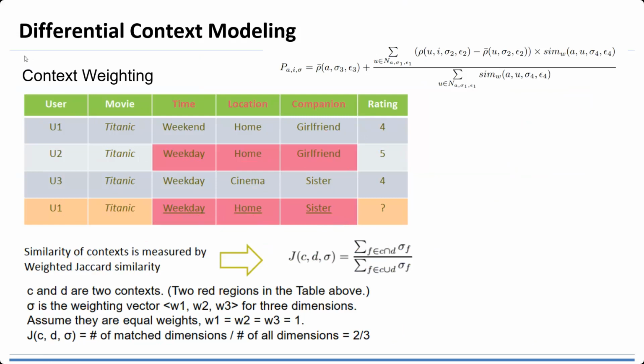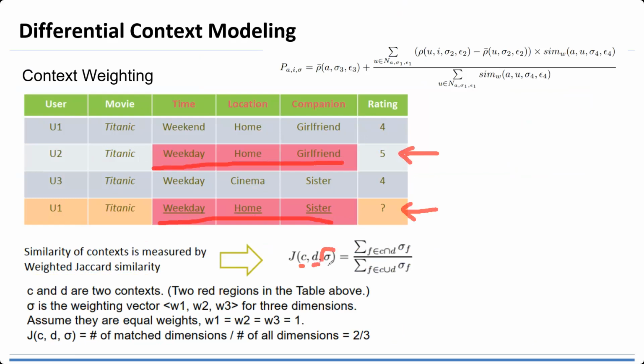In this case, I would like to see the similarity between these, C and D. It means I want to find the similarity between this and this one.